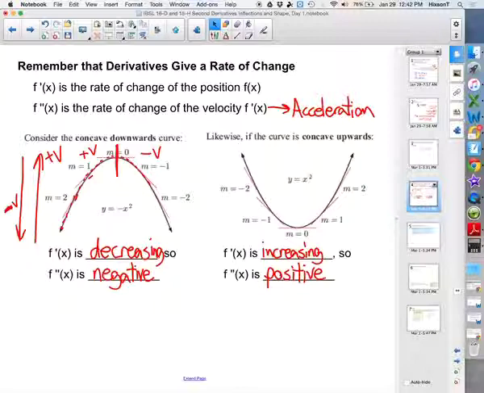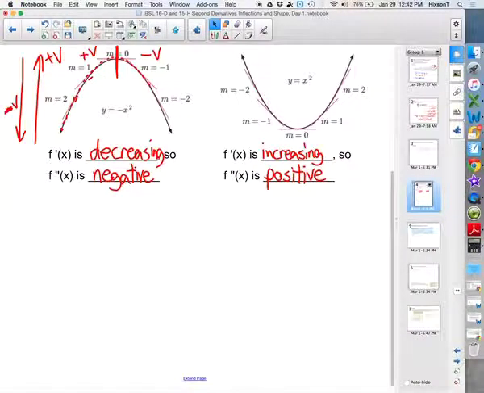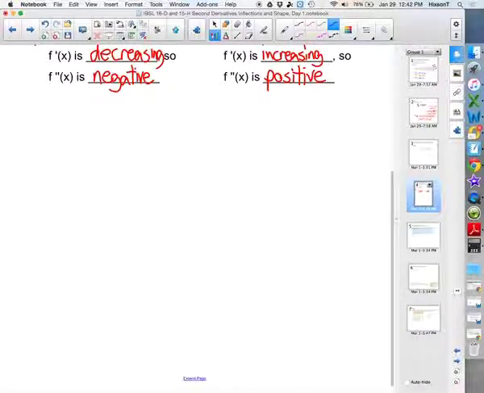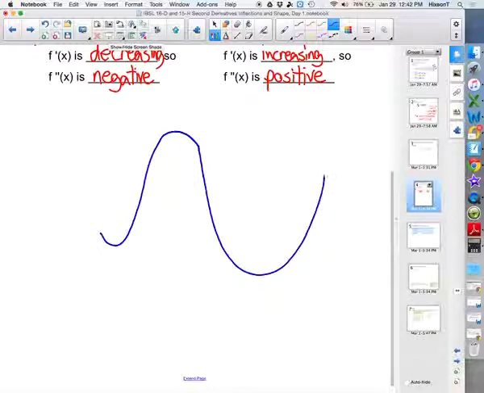This is like going back to the roller coaster. You go up that hill and you're slowing down, okay? But you've got another hill to go up, right?